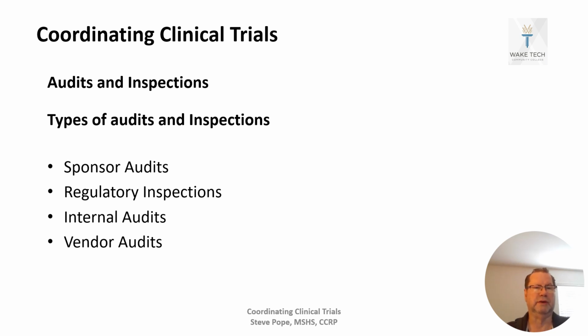You'll have some internal audits. Those might come from your organization, for instance, or they might come from a CRO. So the source of those can kind of differ, but they're very similar. And then finally, you'll have some vendor audits. Those might come from, say, an IRB or from a lab or some other vendor that you're working with.